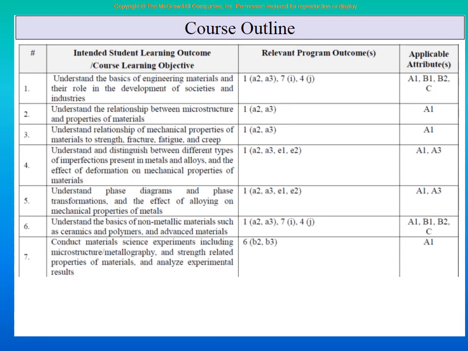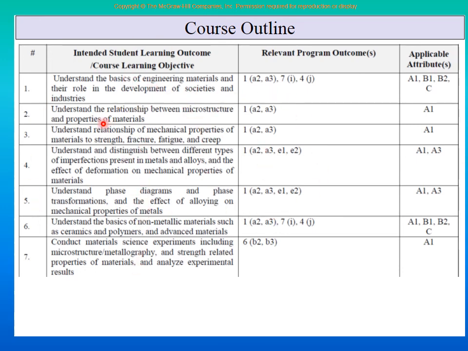So after graduating from SQU, if you go anywhere in the world, your degree is recognized worldwide, right? So these numbers here, 1, or A2, A3, or number 7 here, or I or J, these are ABET student outcomes, right? Of course I am not going to go through this.